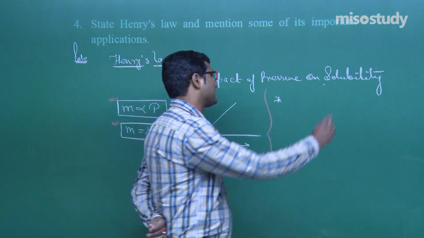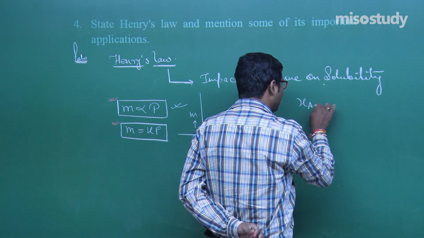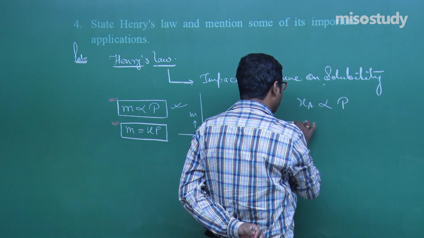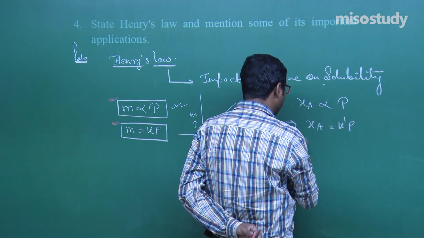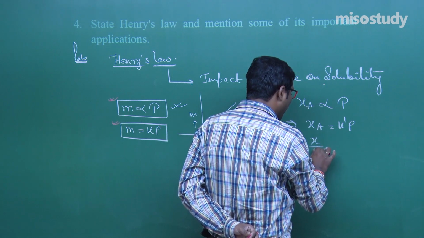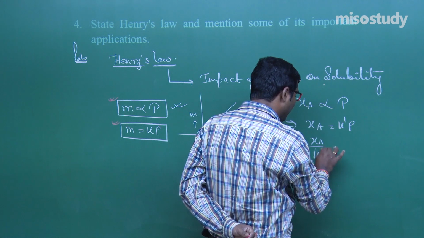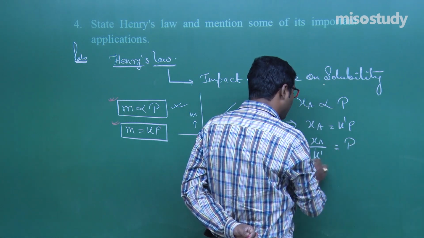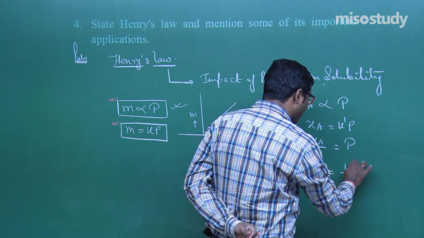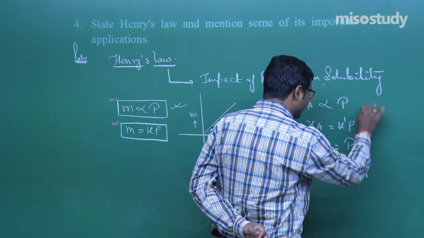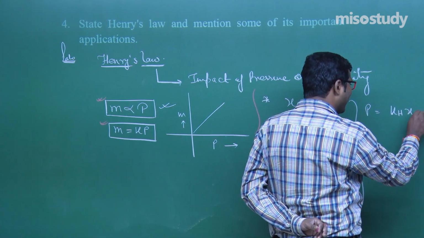Do you remember? Yes. Now we can write here XA is directly proportional to P, or X is equal to K dash P, or XA upon K dash is equal to P, or P is equal to 1 upon K dash into XA, or P is equal to KH into XA.